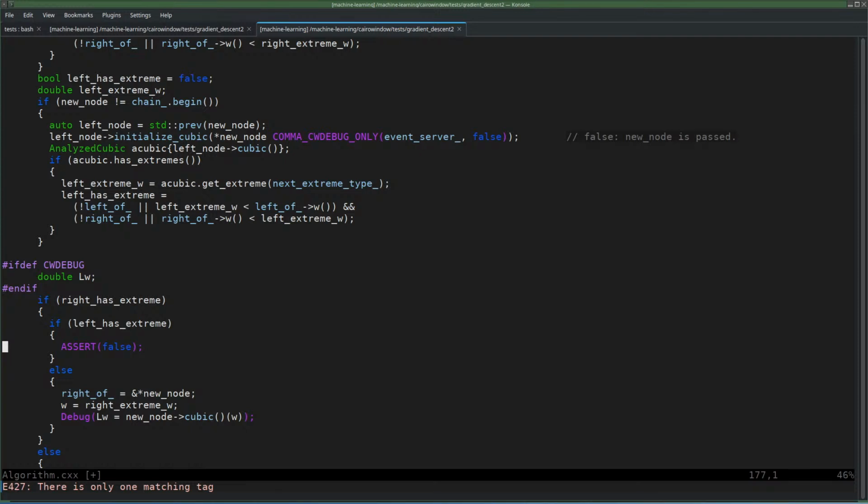Okay, so if both of them have the wanted extreme in the right region, then what to do?